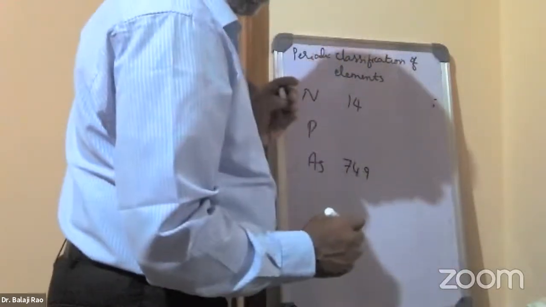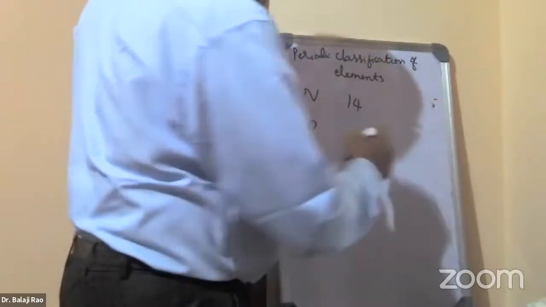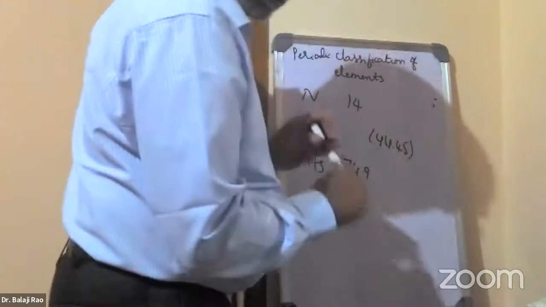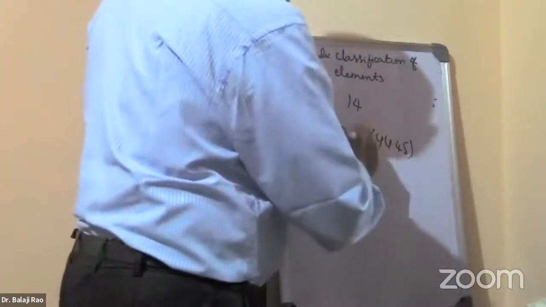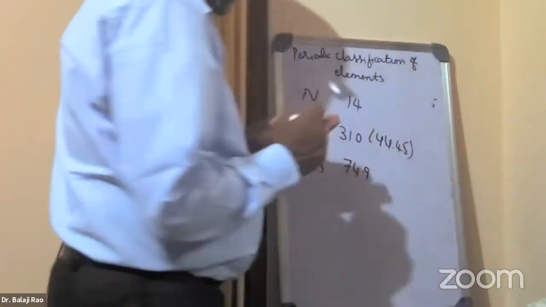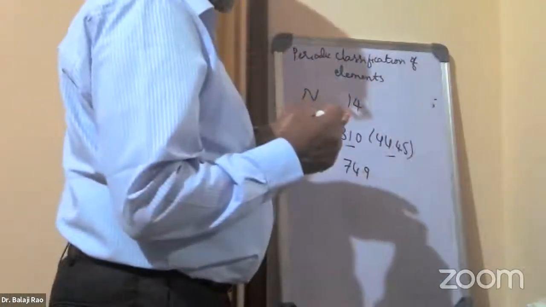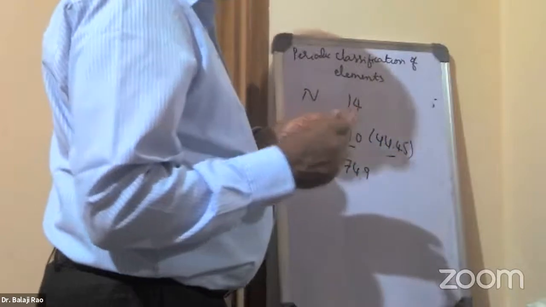So our value should have been 44.45, but we are getting a value of 31.0. So there was a large deviation from the expected atomic mass to the one that was actually found.